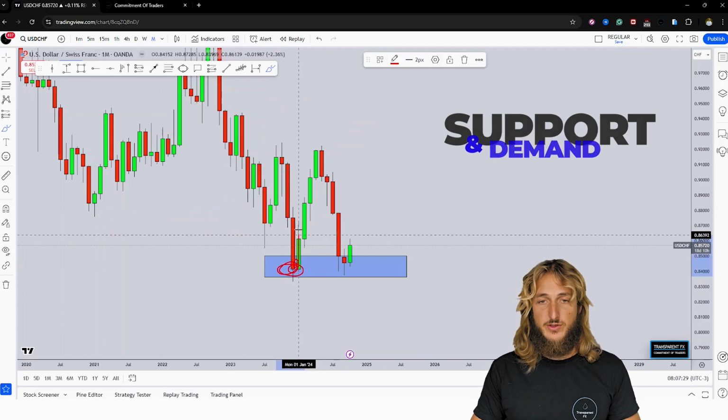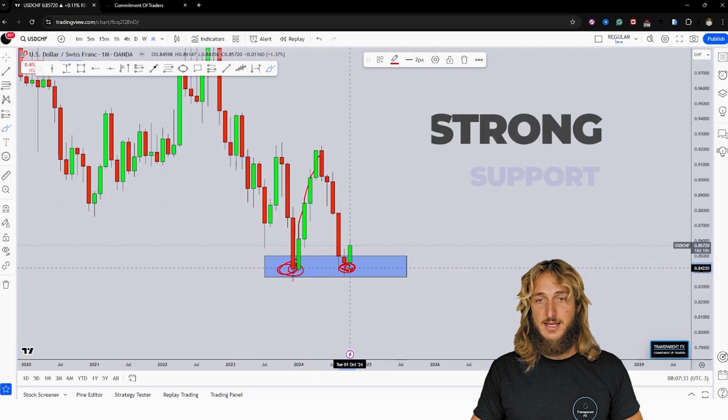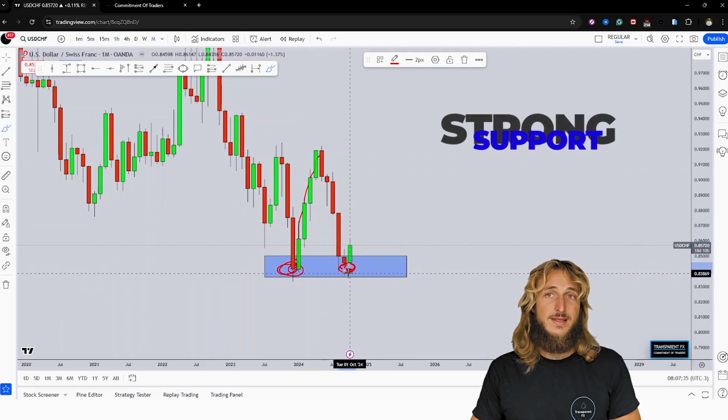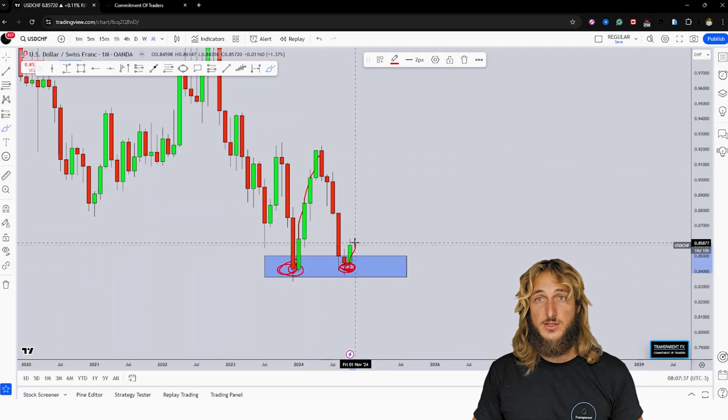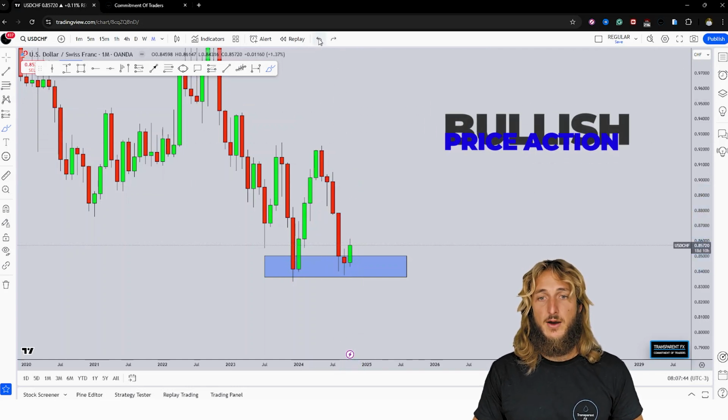From here, all this previous rejection to the upside was created. At the moment, the market is testing the exact same area and has already started rejecting it to the upside. So from a monthly standpoint, everything seems quite bullish and more bullish price action could be expected away from this zone.